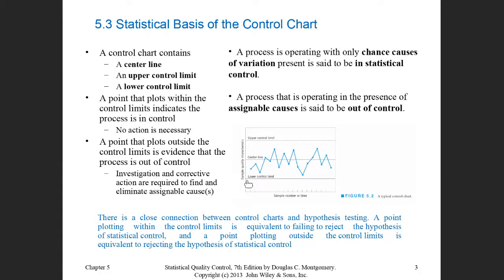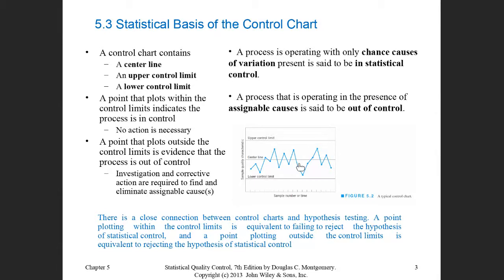There is always a connection between control charts and hypothesis testing. You have covered hypothesis testing, I believe, in either the statistics course or design of experiments. When the process plots within the control limits, it is equivalent to failing to reject the hypothesis of statistical control.